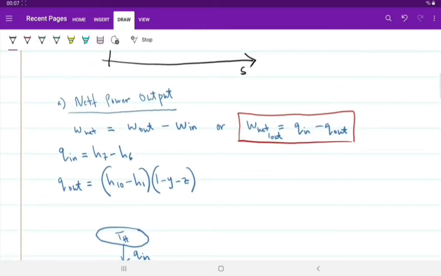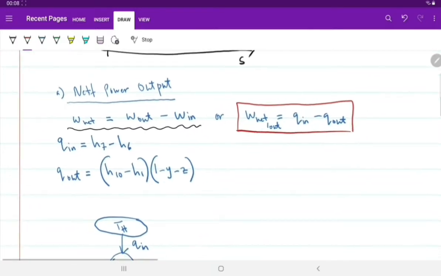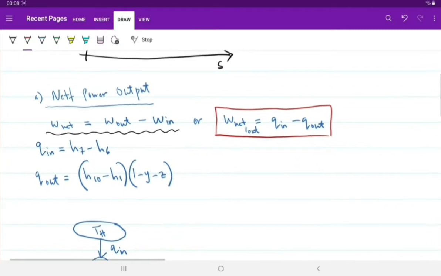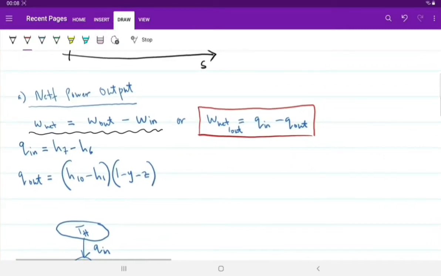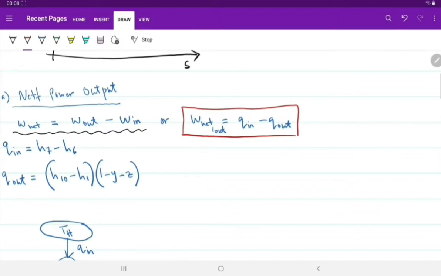By definition, the net power output is given as W out minus W in. W net is W out minus W in. Or we can also use this equation, W net equals Q in minus Q out. So you have two equations here.